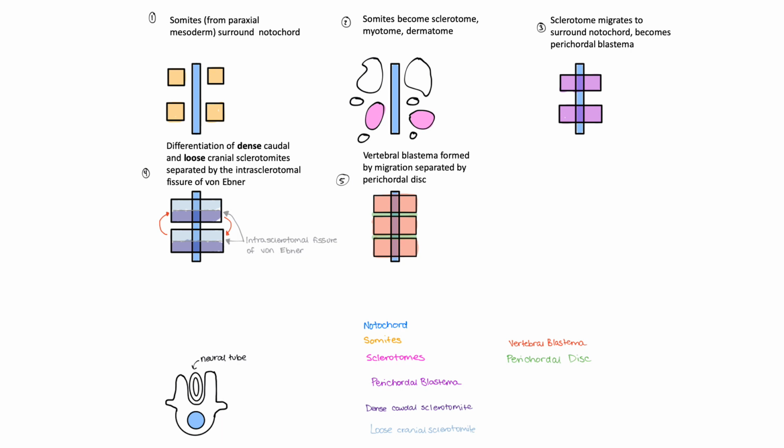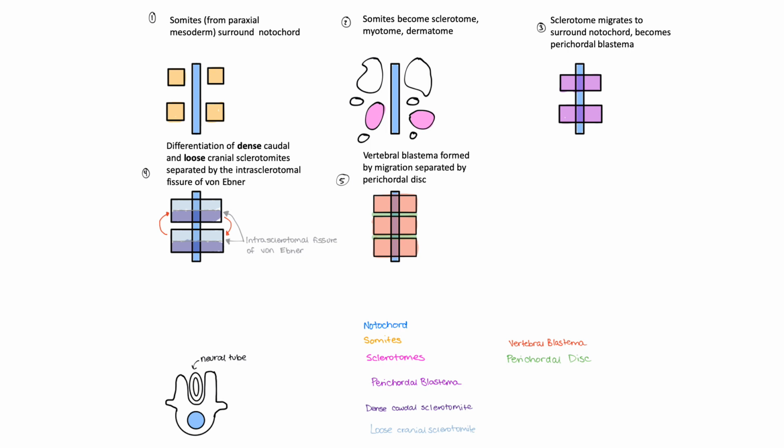So definitely know perichordal blastema. Then the perichordal blastema differentiates into loose cranial and dense caudal sclerotomites. And then when that migration occurs, remember the loose goes up and the dense goes down, we're going to have this vertebral blastema. So this is kind of the end game here.